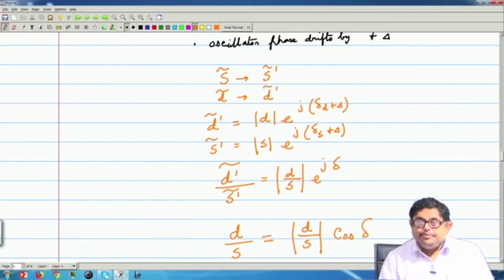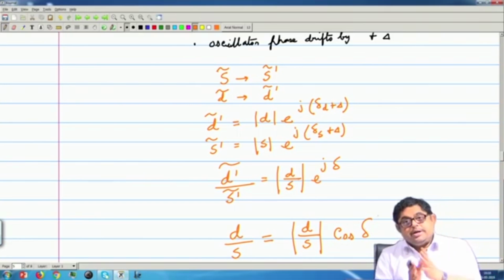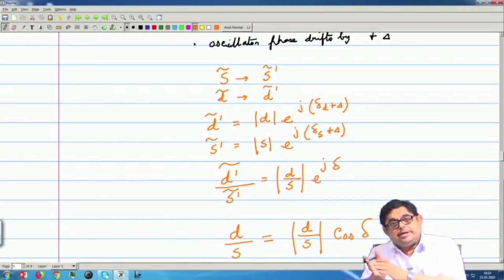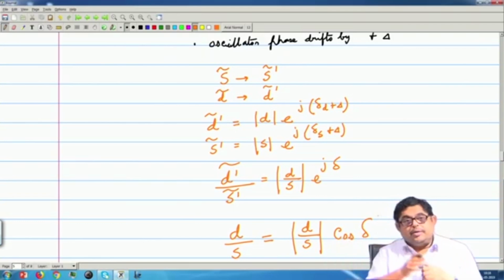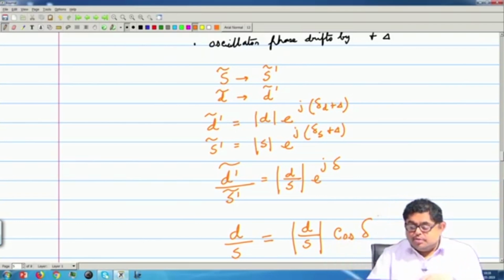This is the actual scenario. This cos delta will come if we treat everything as a complex envelope, that means at the RF or IF level. But if we throw away the phase, we only get that cos, and that will change the value and make the measurement erroneous. So, this you should remember.